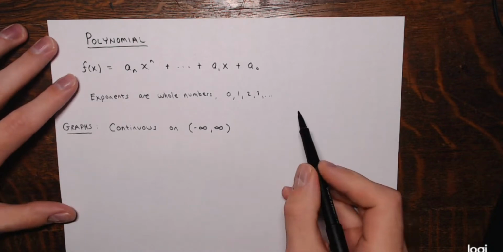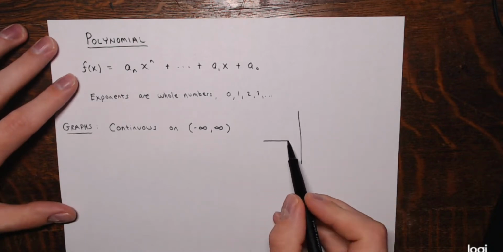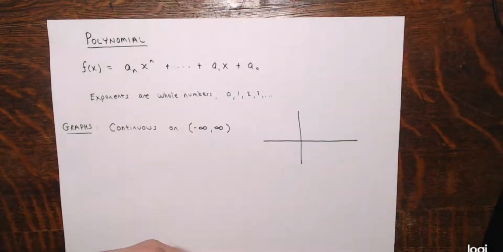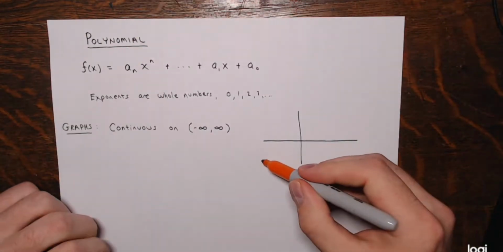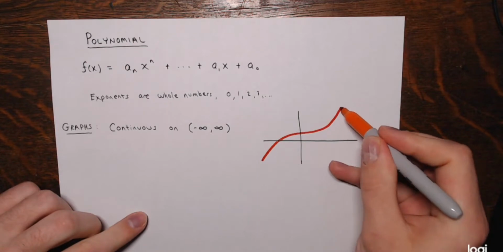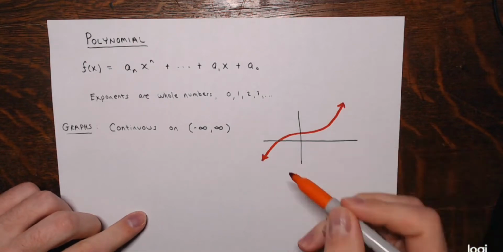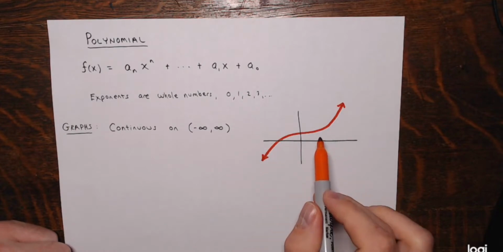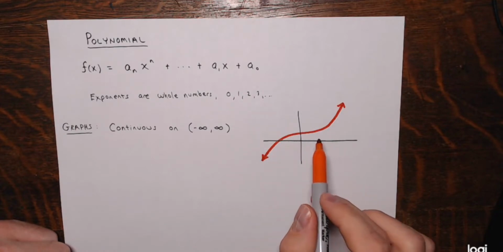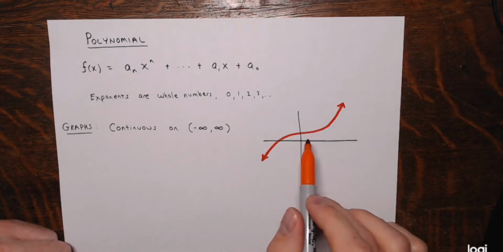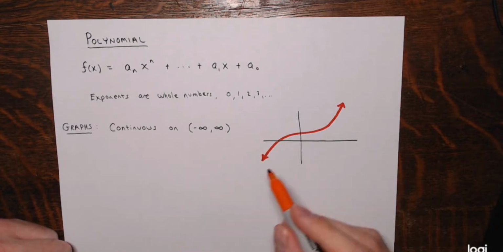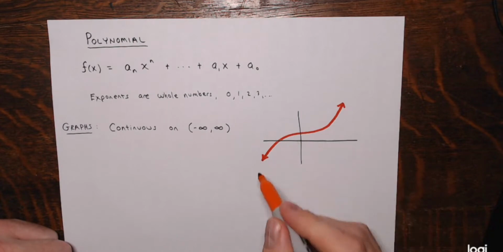What that means is you can basically draw the graph, going from left to right without lifting your pencil, without lifting your pen. There's no holes in the graph, no break in the graph, nothing like that. You can plug in any value of x and get a value of y, and it's all connected.